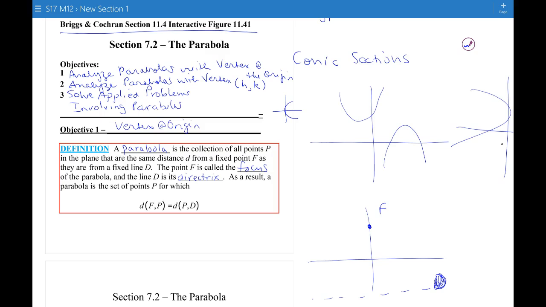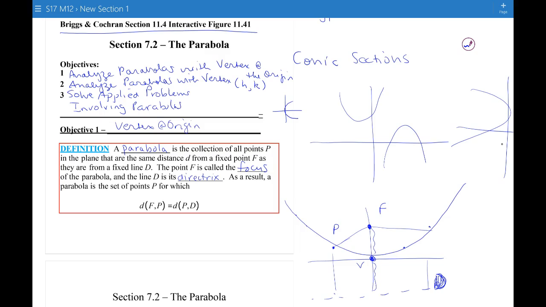As a result, a parabola is a set of points for which the distance from the focus to a point on the parabola, P, is the same as the distance from the point to the directrix. So you can see that the vertex is always going to be right in between the focus and the directrix. Then you just draw lots of other points that are equal distance from the focus and the directrix.